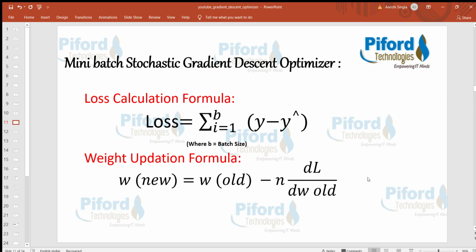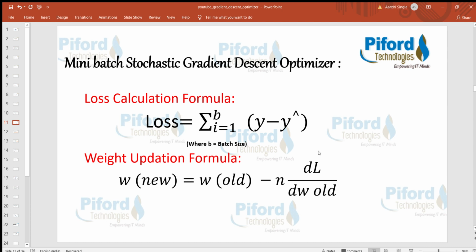If you remember, in the gradient descent optimizer, in the stochastic gradient descent optimizer, and in the mini batch stochastic gradient descent optimizer, the weight updation formula is the same. The only difference is the derivative of loss with respect to the derivative of weight. In gradient descent, we calculate this on the basis of the whole data set.